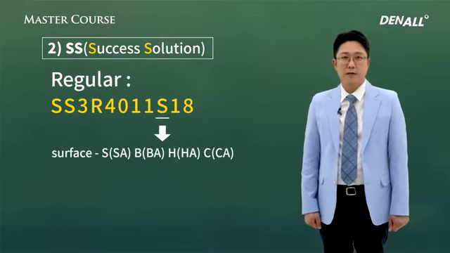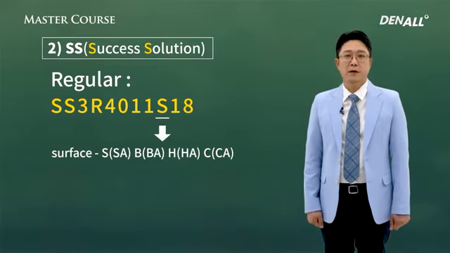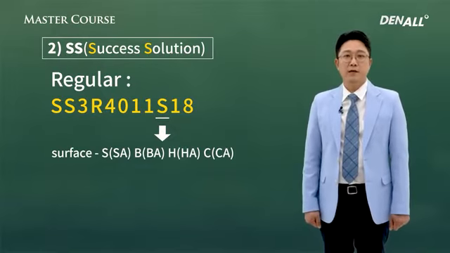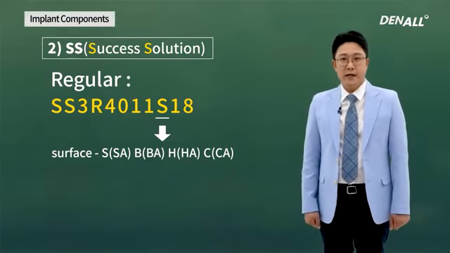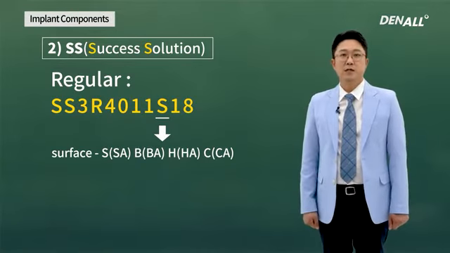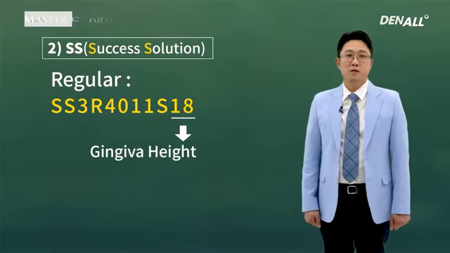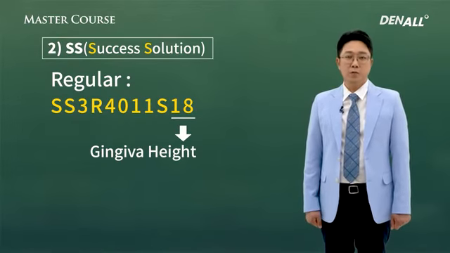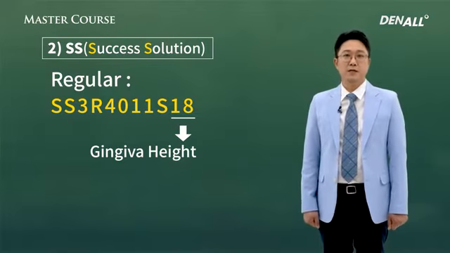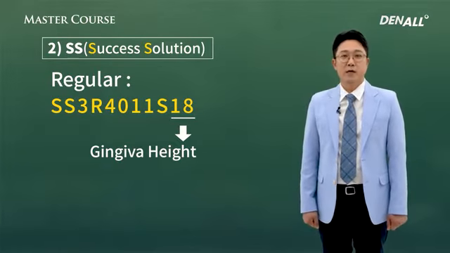And the letter S means that the surface treatment of the fixture is SA, and on implant surface, I'm going to talk about it in the next lecture. In the case of HA surface, it is marked as H, and in the case of CA, it is marked as C. The 18 is only for SS fixture, and it is the height of the area that meets the gingiva, 1.8 millimeter, and in the case of 2.0 millimeter fixture, it is marked as 20.